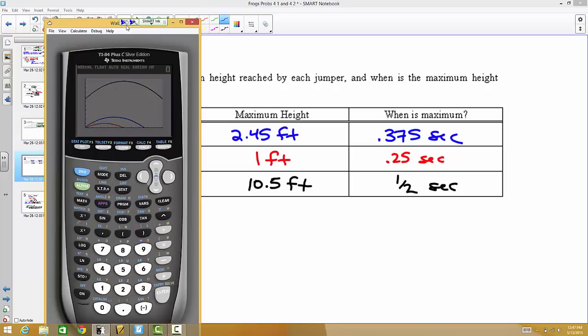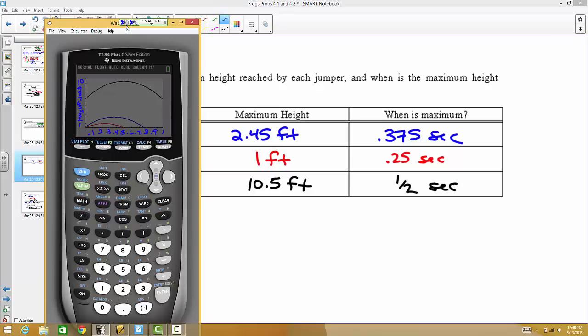So at 2 point, because this is 1, so this is 0.1, 0.2, 0.3, 0.4, 0.5, 0.6, 0.7, 0.8, 0.9. Remember how we counted by 0.1? And on the y, we counted by 1. So this is 1, 2, 3, 4, 5, 6, 7, 8, 9, 10. That's what I'm talking about, how you want about 10 markers.